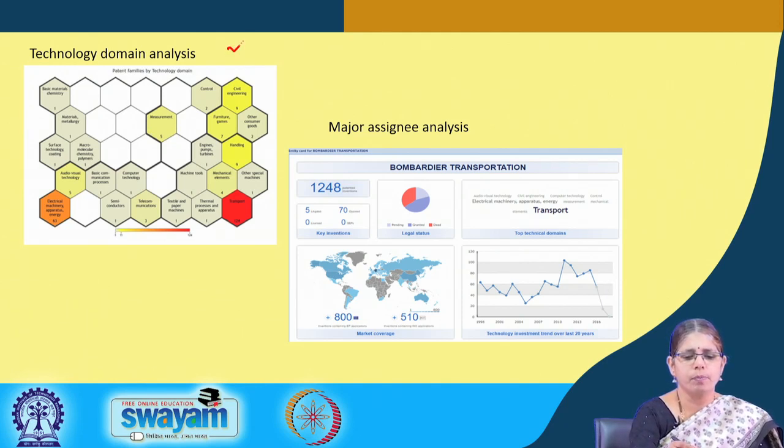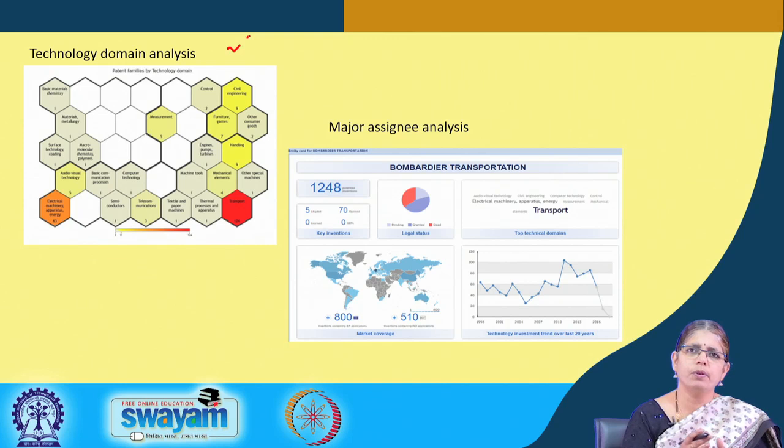What we see here in this panel is the technology domain analysis. Based on the keyword or the IPC classification code that you have used to search for the patents, you get a particular patent collection.